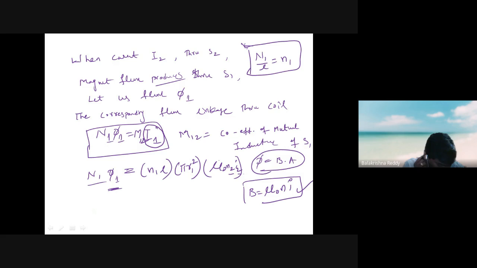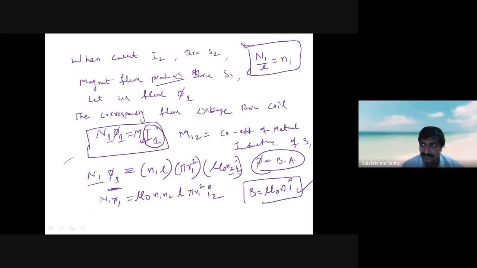So next, this I can further write as the total expression: mu naught N1 N2 by L into pi r1 square into I2. This is N1 phi 1 equal to this. Now the same thing will happen in the reverse effect.